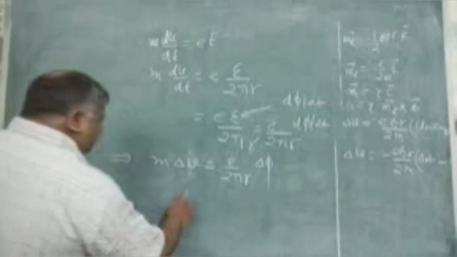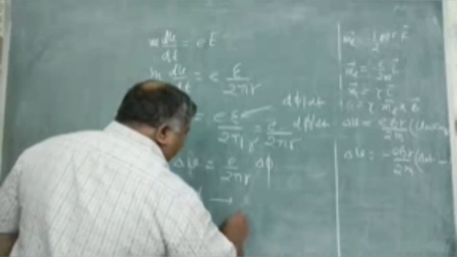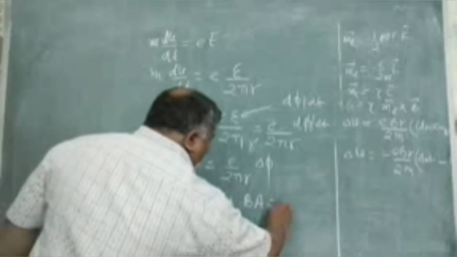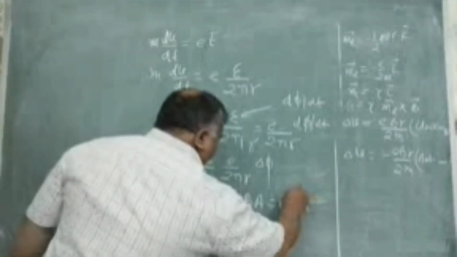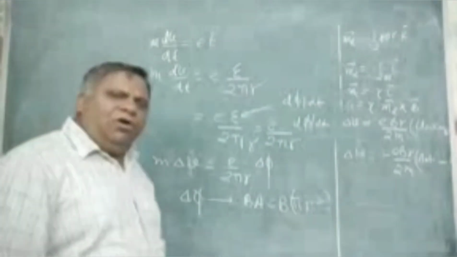The change in flux is B dA, where A is the area of the orbit.